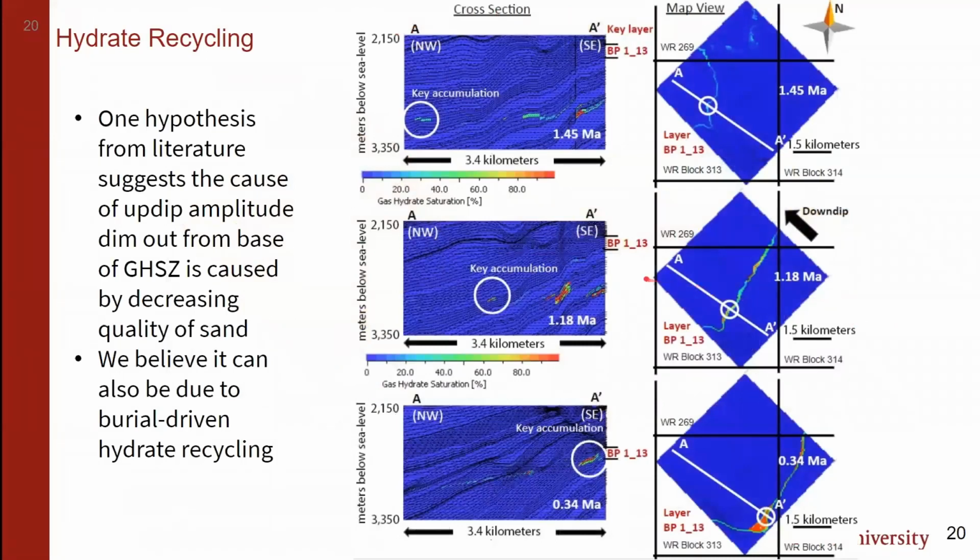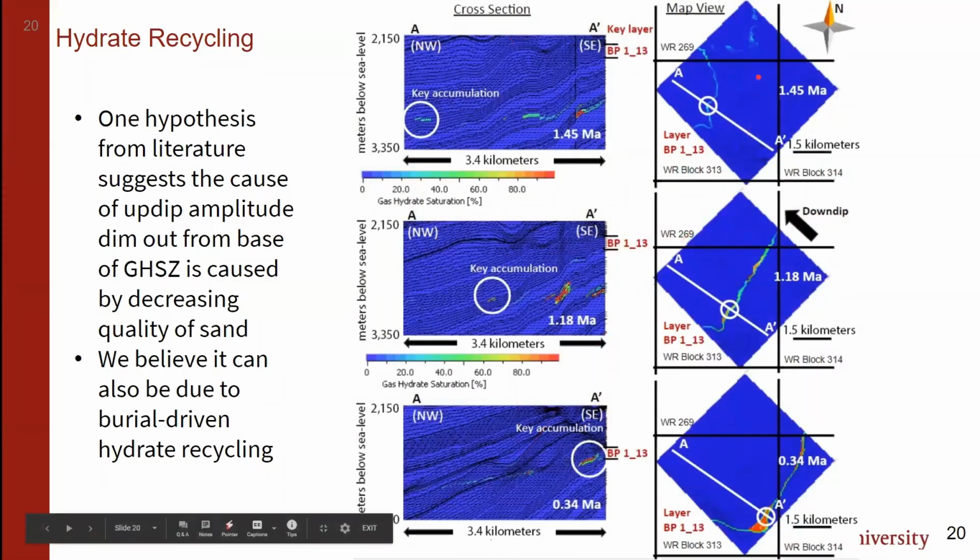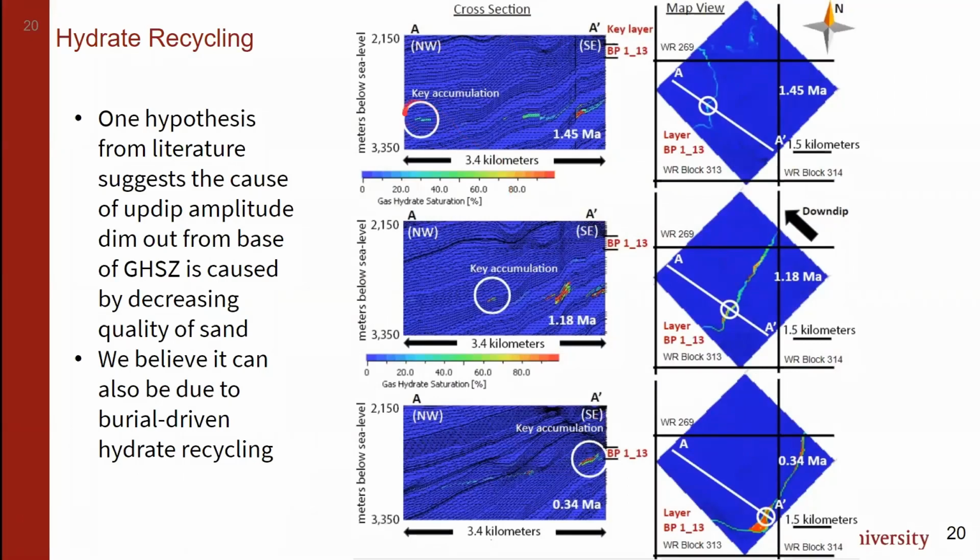Here we will actually revisit the sediment burial recycling. On the left column, you see cross sections, and then in the right column, you see map view. What we're going to follow is this key accumulation here through time. So this is 1.5 million years ago, and then this becomes closer to present day through time.